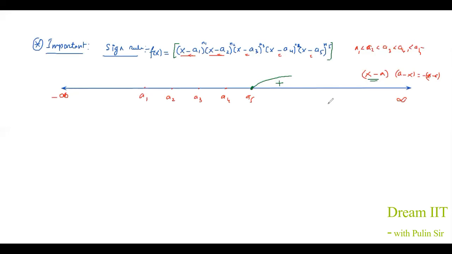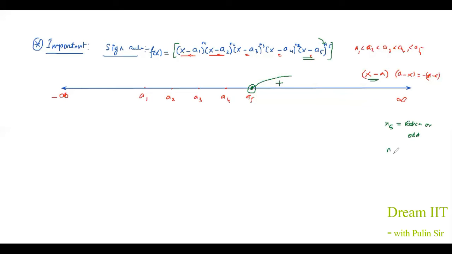After that, next, listen to me very carefully. You are now going to fill up the parts on the left. Always start from the right, then go to the left. So now how will you do it? You observe the point. You are now moving from a5 to a4. In that case, see what is the nature of the power of a5. It is even or odd, because as it is an integer, it will have only two options, even or odd, right?